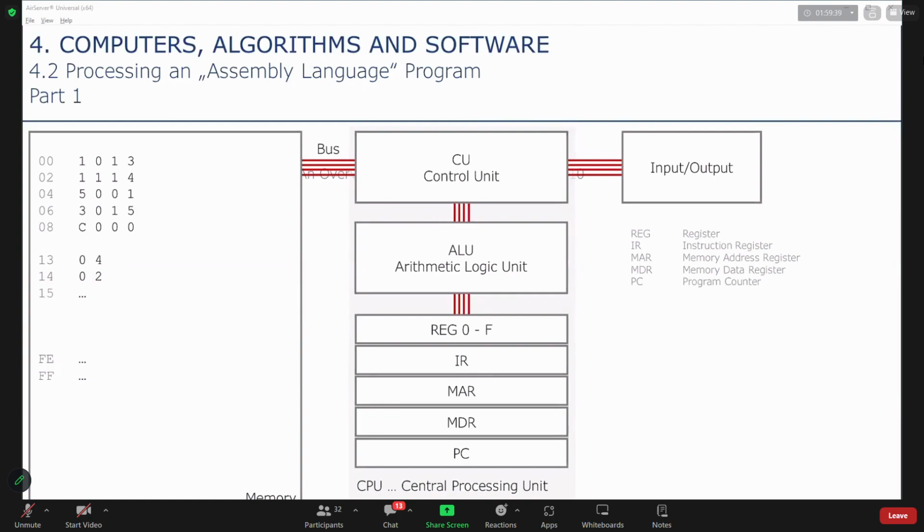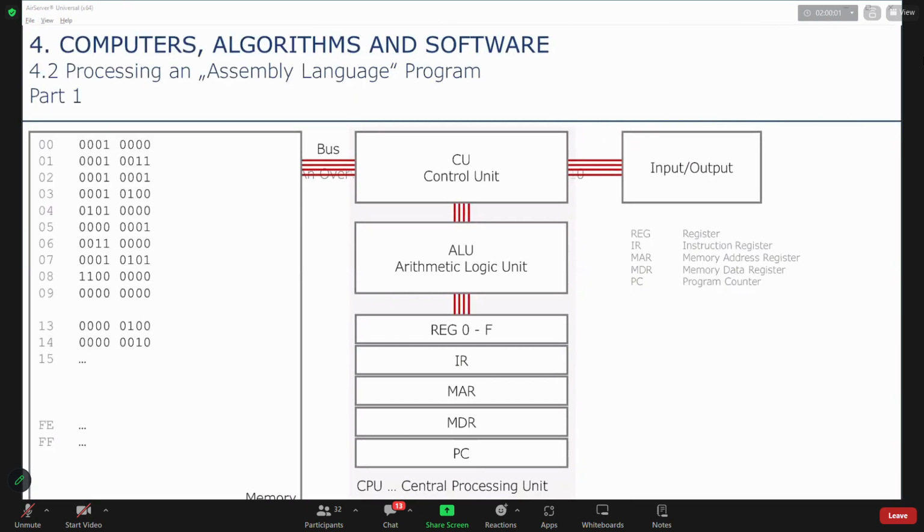Now we are translating all of that into binary. And therefore, we need more than 8-bit. We need 16-bit. So we need 8-bit for the first and 8-bit for the second, because we are going up to FF theoretically. It's in hexadecimal. And then we are getting those binary numbers.